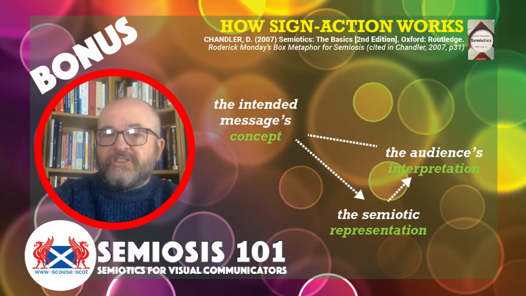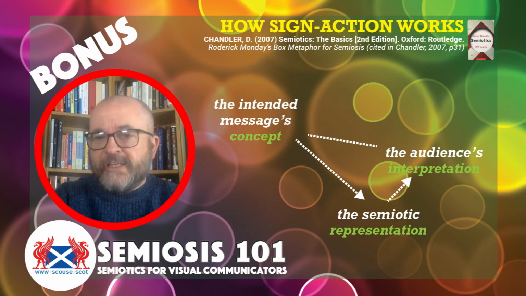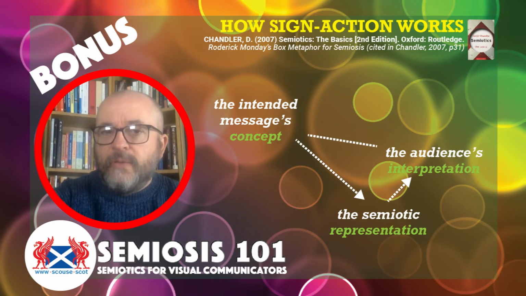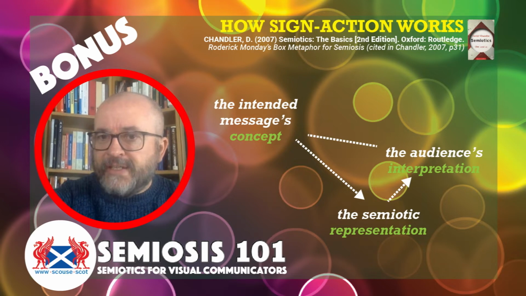The intended message's concept leads us to the semiotic representation, leads us, if it's done effectively, to the audience's interpretation, which leads us hopefully back to the intended message we needed to get across.